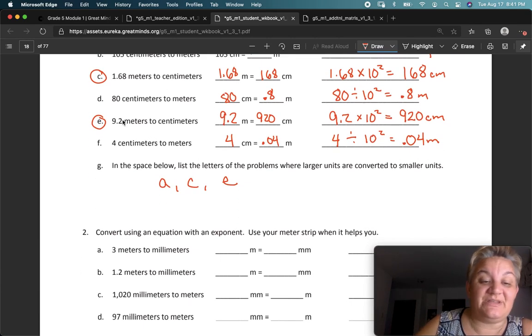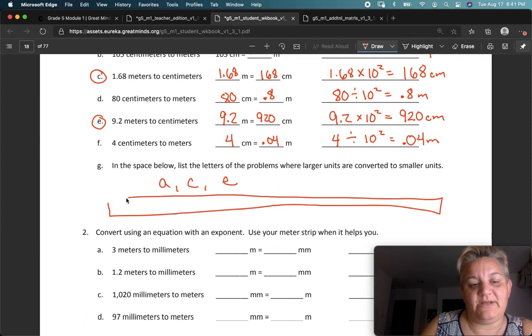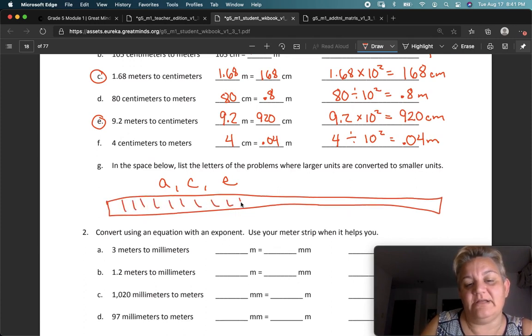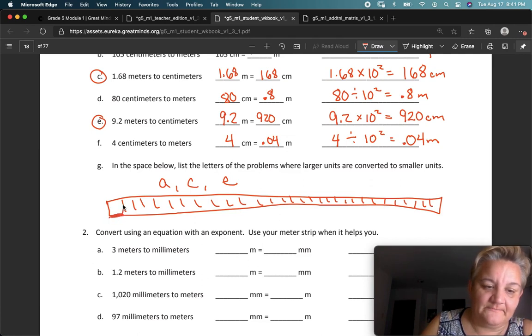And I will show you a giant meter stick I have in the classroom. That giant meter stick, and you have one in your book, I believe, as well, has inside of it 100 centimeters, okay? So centimeters are smaller than meters.